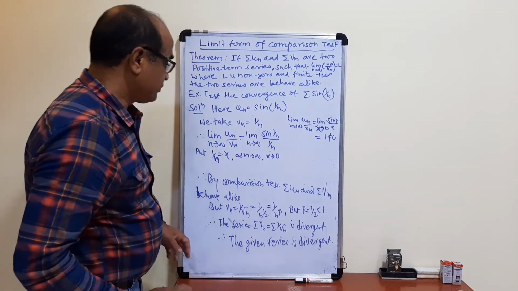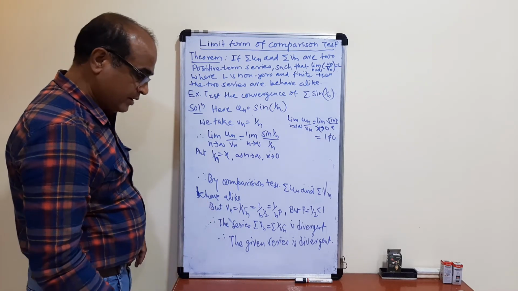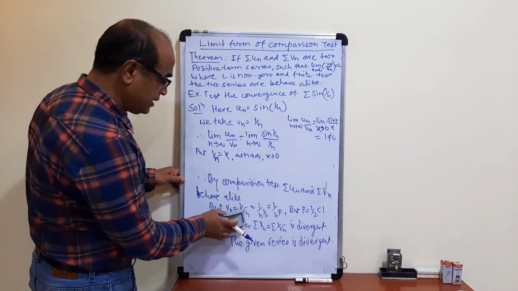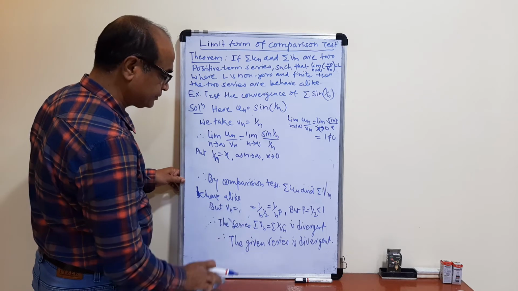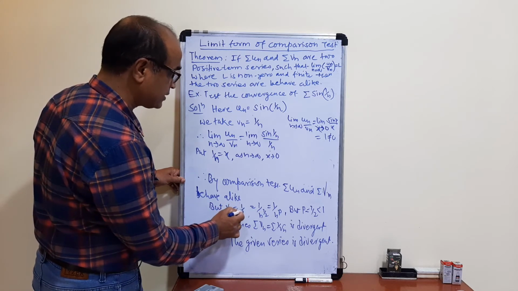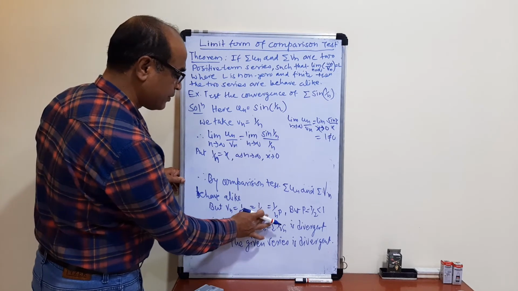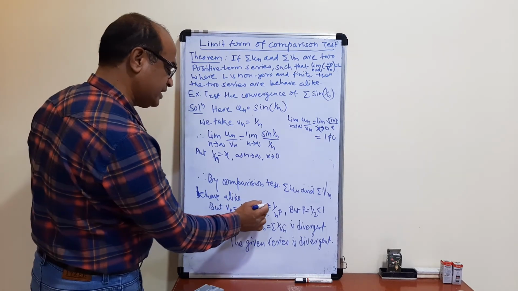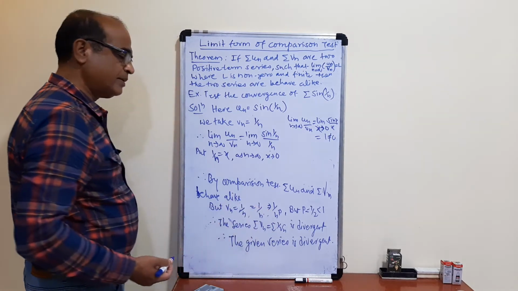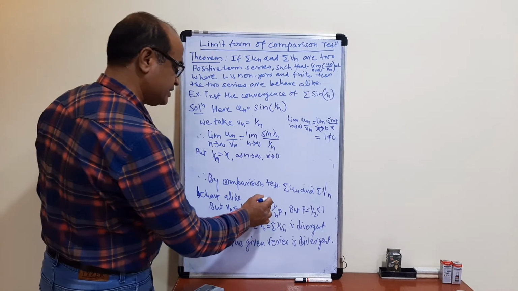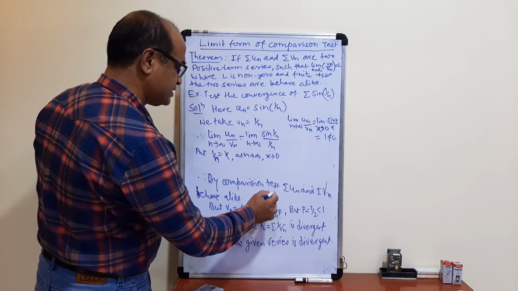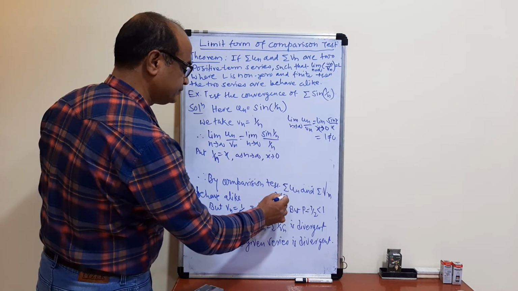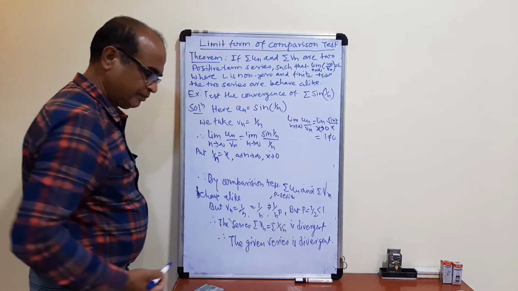But what is vn here? Vn is 1 upon n. So this is also a p series.